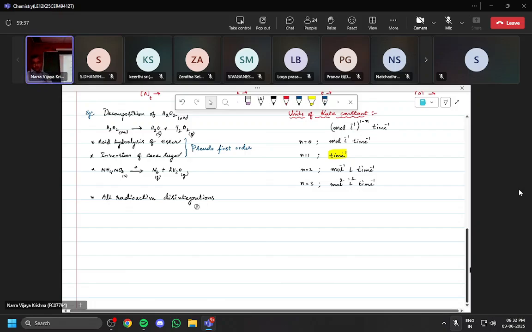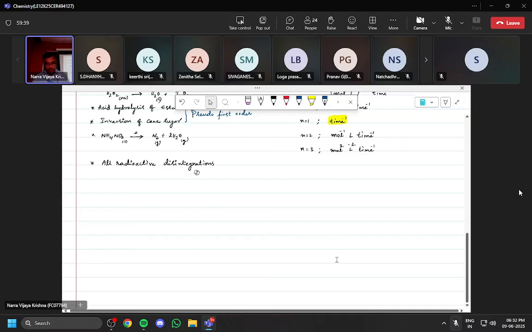Right? In the same way, decomposition of N2O followed second order kinetics. Decomposition of NO2 followed second order kinetics. Decomposition of N2O5 follows first order kinetics.